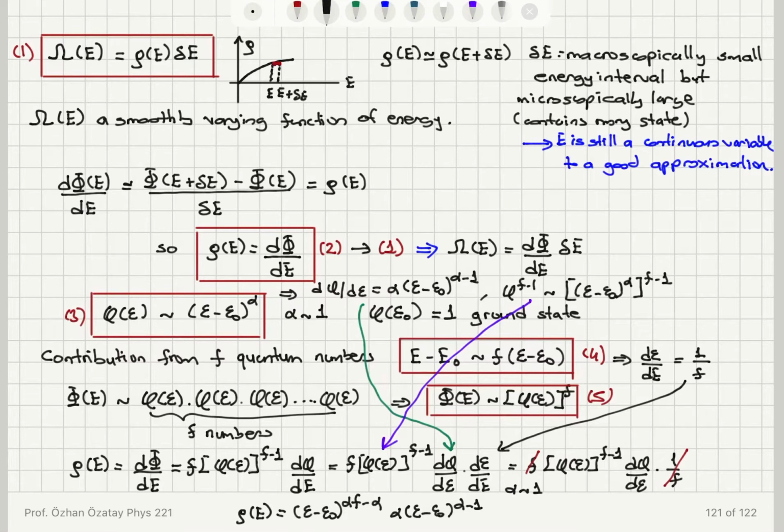Alpha minus 1 is almost 0, so this term is going to be 1, and therefore for the density of states I will have epsilon minus epsilon 0, or E minus E0 divided by F, that is epsilon minus epsilon 0, to the power alpha F minus alpha, where alpha is of the order of 1.